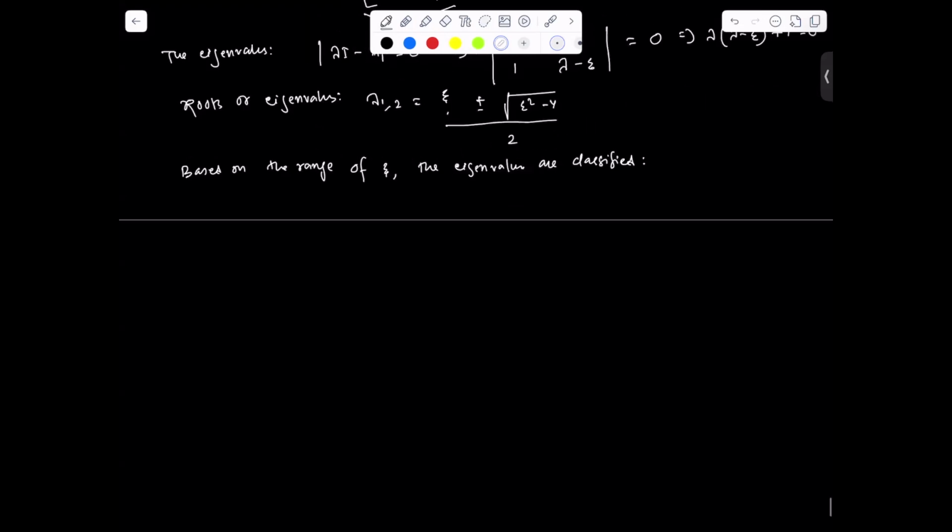At zeta equal to 2, we are getting two eigenvalues which are basically 1. So we can say the eigenvalues are the same and positive.